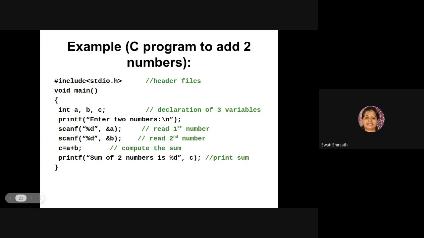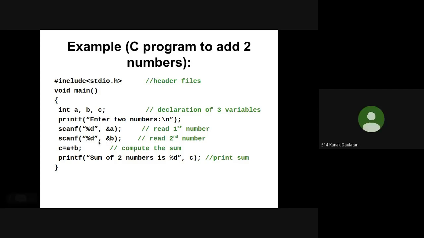So from the keyboard, you can enter input on the console, which is your output screen. If we give the numbers directly, that these are the two particular numbers, then there is no need to use scanf in the program. That is called hard coded values, and this is user accepted or user defined values.